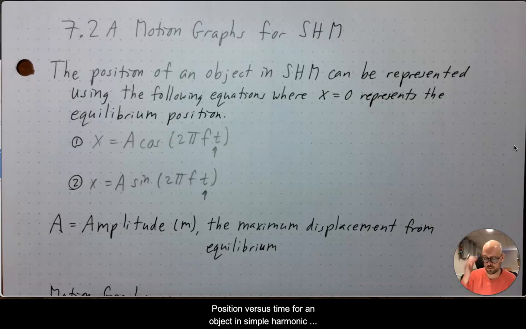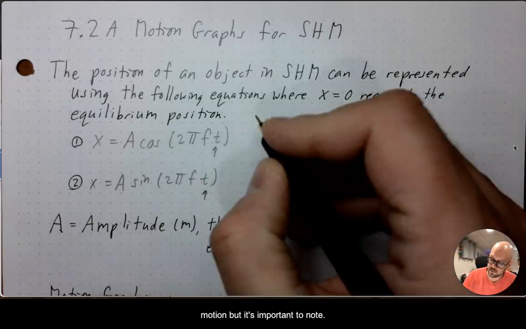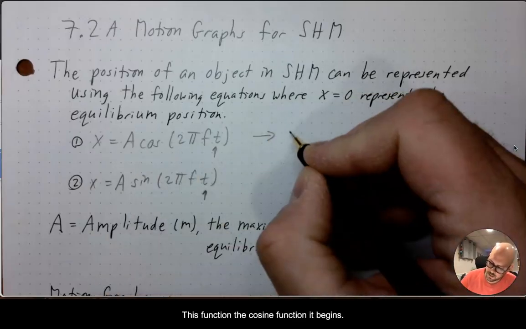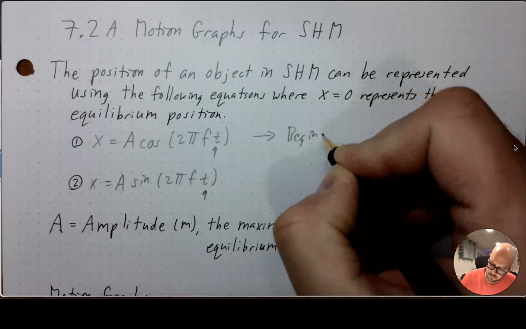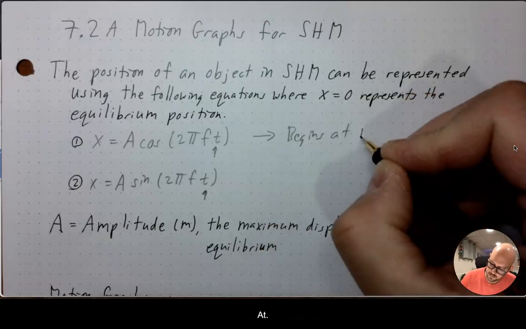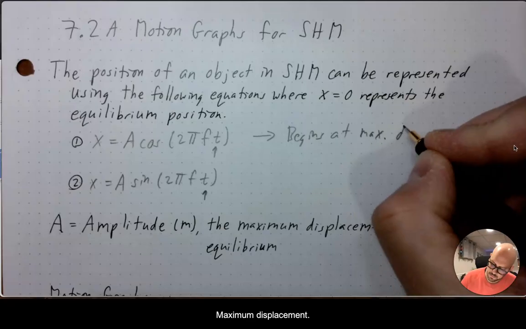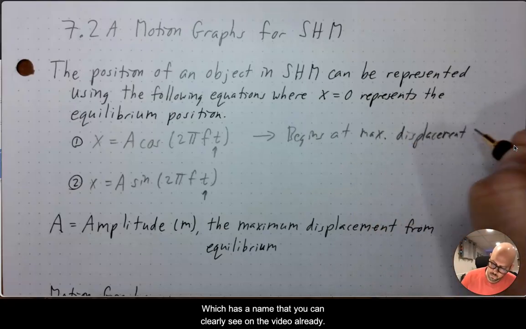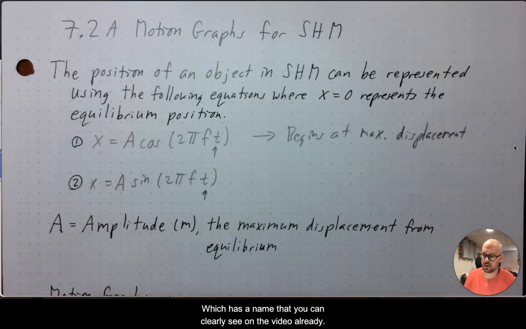You can use either function to model position versus time for an object in simple harmonic motion, but it's important to note that the cosine function begins at the maximum displacement, which has a name that you can clearly see on the video already.